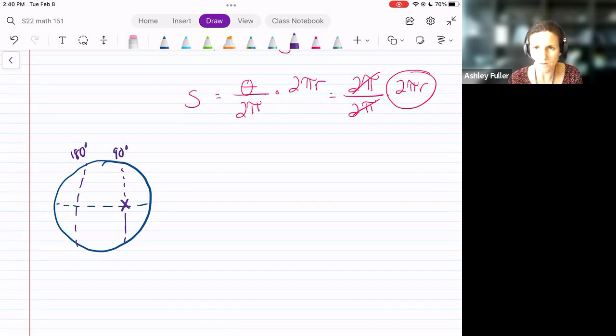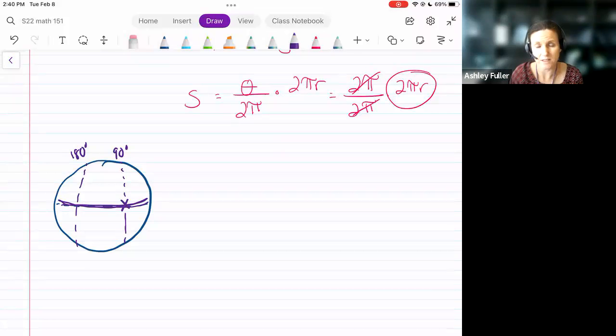If a ship travels between the Galapagos Islands and the international dateline, it's traveling along the equator, which is the outer edge of a circle if you look at a cross section of the Earth. That arc length we can use to help determine how far the ship travels, and that arc length is just going to be theta times the radius.